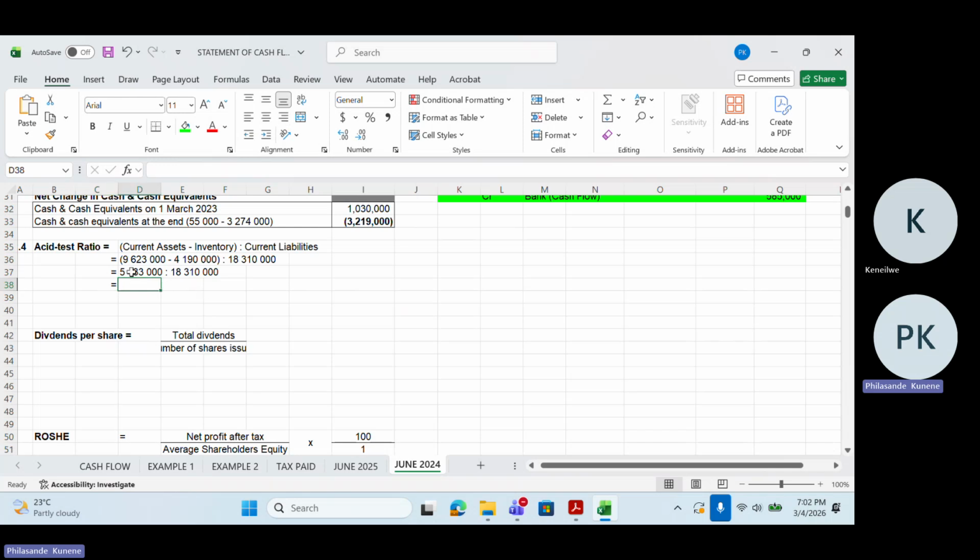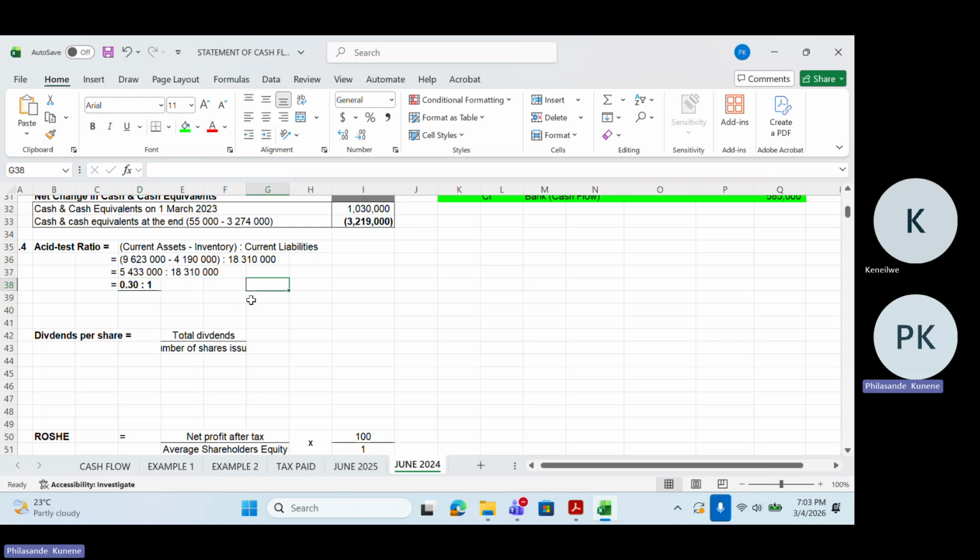So what will my ratio be? 5,433,000 divided by 18,310 gives 0.296, so 0.30. And the 2 is to 1, because 18,310 divided by 18,310 gives me 1. We always divide on a ratio by the number on the right-hand side, on both sides. So that's why I'm getting 0.3 is to 1. So this is my ratio.